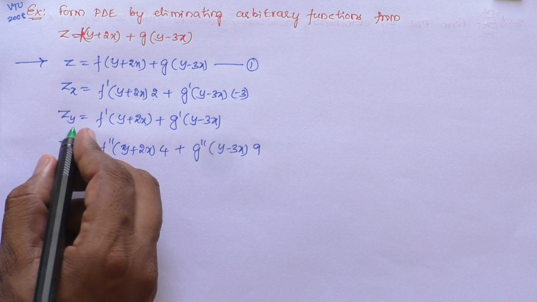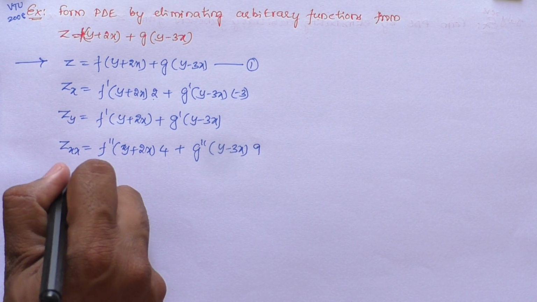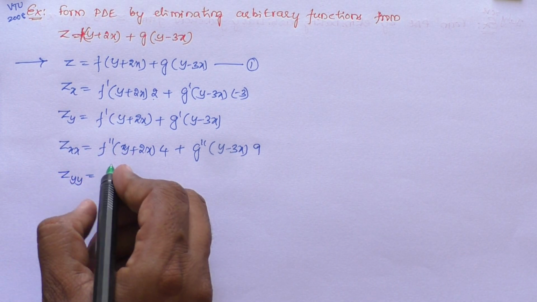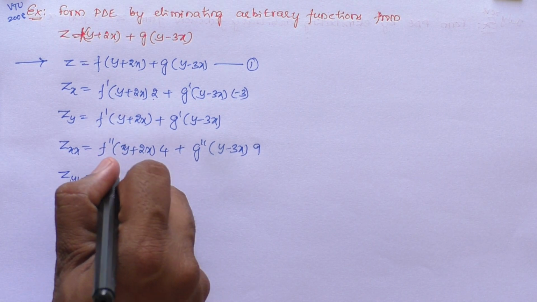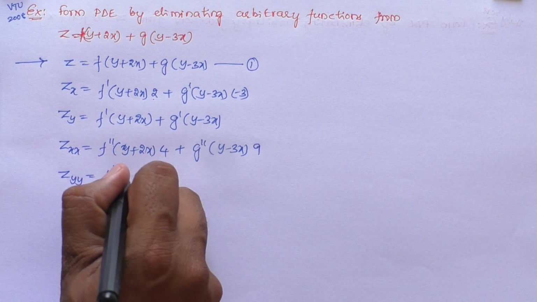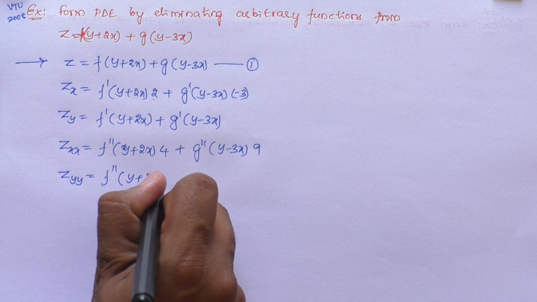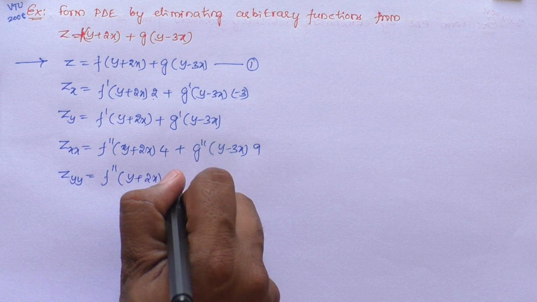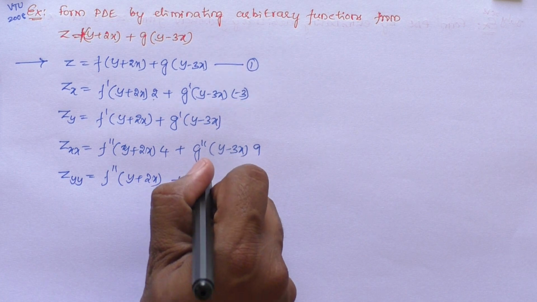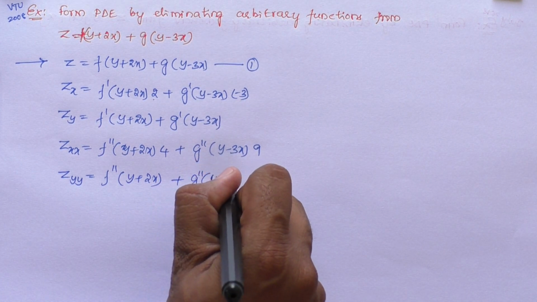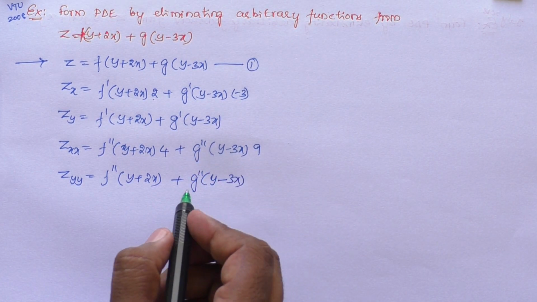Next zy, differentiate another time, zyy: f dash differentiates to f double dash (y plus 2x) with respect to y plus 2x 1, plus g double dash (y minus 3x). This is what we got.